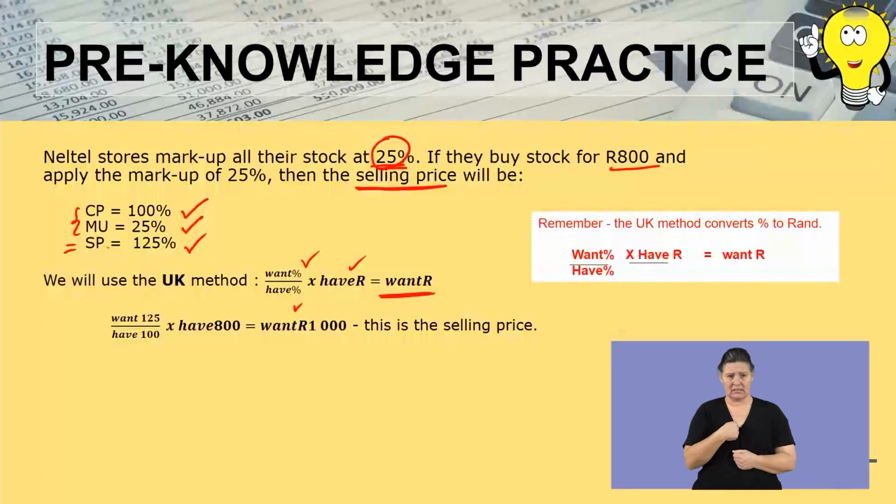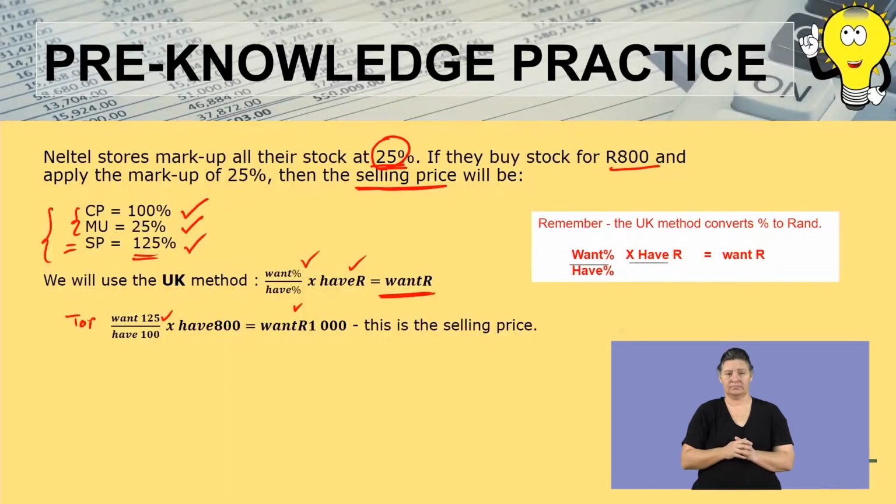So if you come here, you'll find that your selling price is 125%. So already you know what you want. You want 125. What you want is always on top.